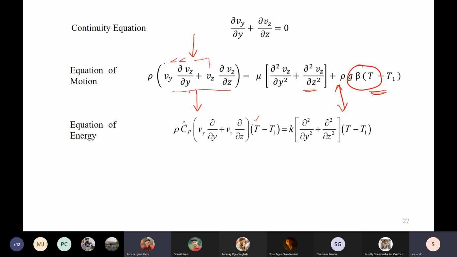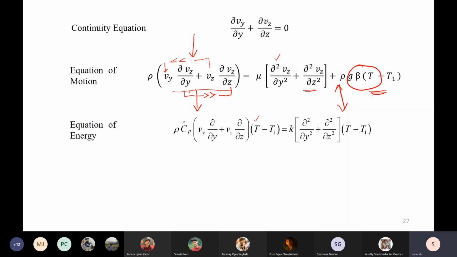So large, but del Vz by del Y is large in comparison to del Vz by del Z. So this is the same as the boundary layer analysis which we have done before, as a result of which none of the terms on the left-hand side can be dropped. You are absolutely correct. Now let's come back to the right-hand side.